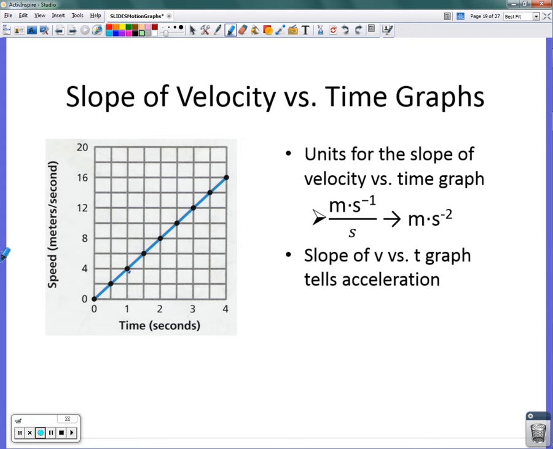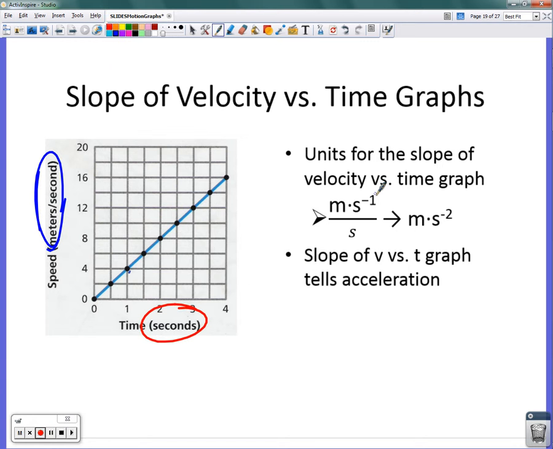Much like the slope on a position versus time graph, the slope on a velocity versus time graph also can be used to infer some information about the motion. So here we've got a unit of, in this case, meters per second on the y-axis and a unit of seconds on the x-axis. Rise over run, right?